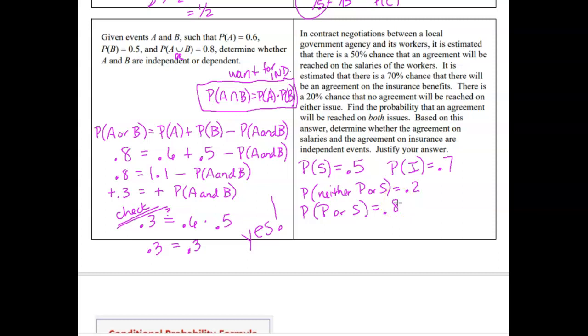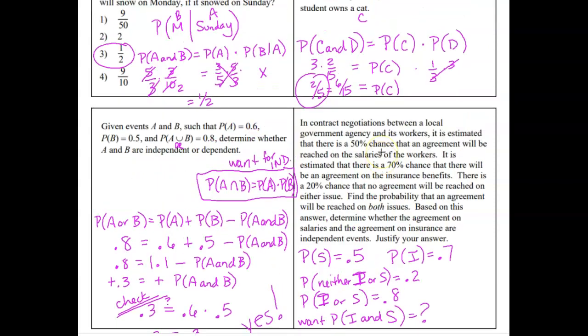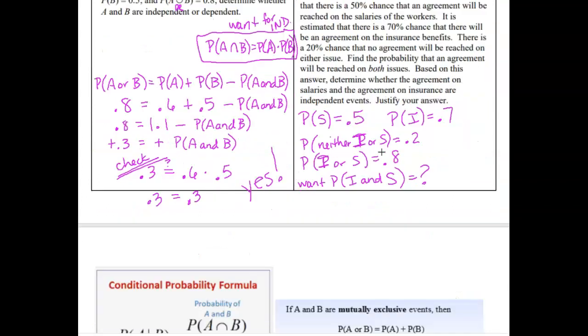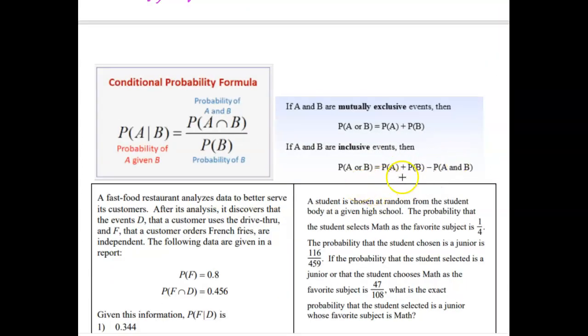Find the probability that an agreement will be reached on both issues. So what we want is the probability of P, why am I saying S? I meant I. I'm so sorry. The probability of I and S, okay? That's what we're looking for. So I kind of need some information that ties this together. So let's look at our options. I don't really see a bunch with or, but remember we did have this formula down here.